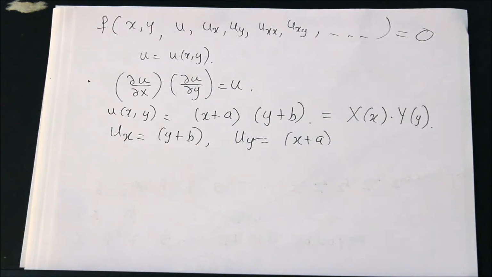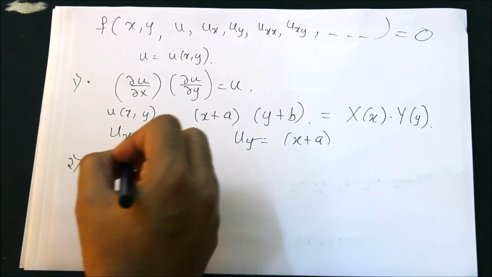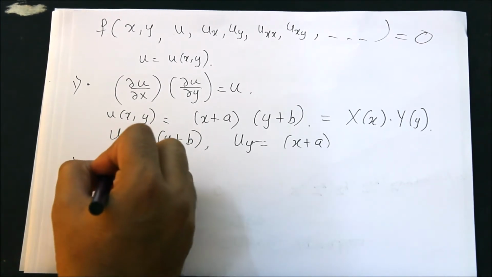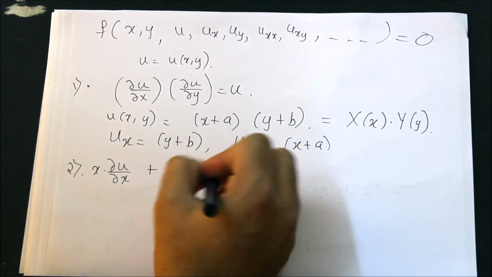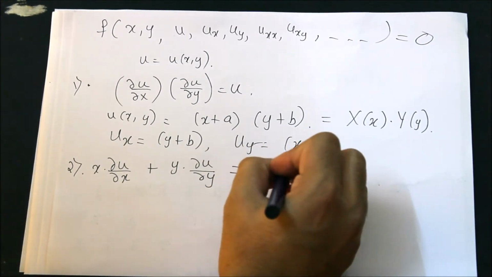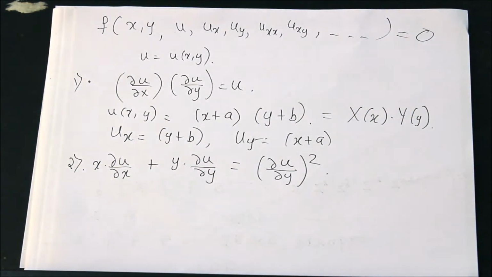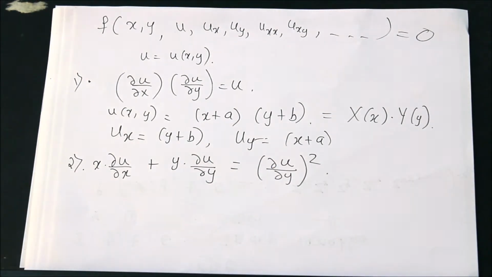Not all solutions are like this. Let me take another example: x times the partial derivative of u with respect to x plus y times the partial derivative of u with respect to y is equal to the square of the partial derivative of u with respect to y. One can say that this is a non-linear differential equation, because the degree of the highest derivative is not 1.